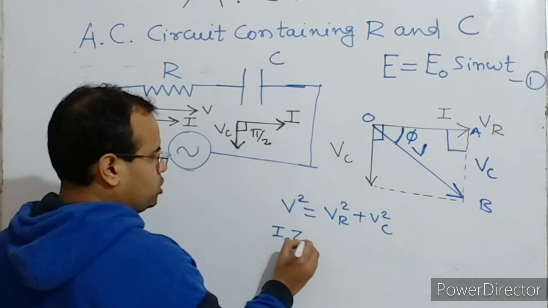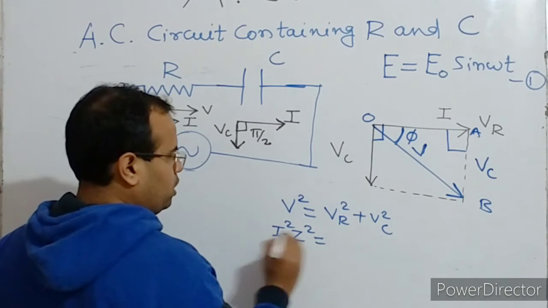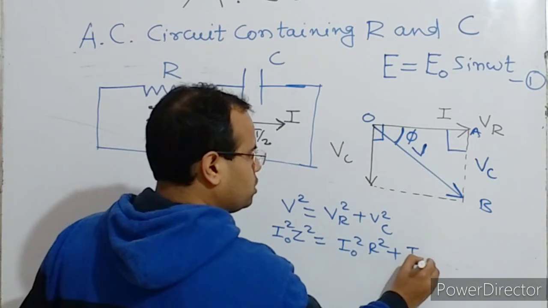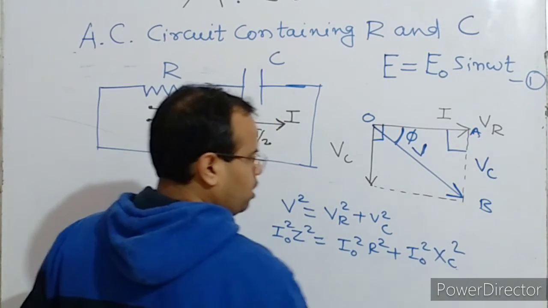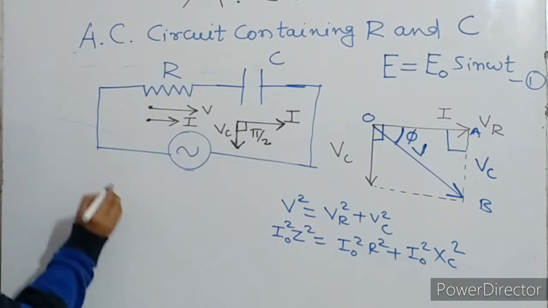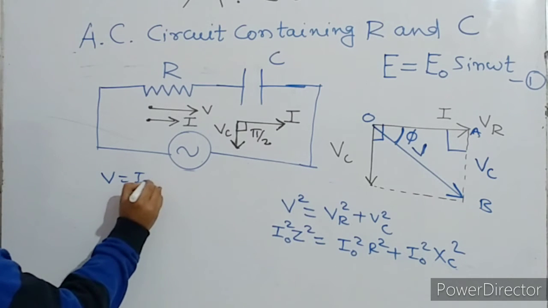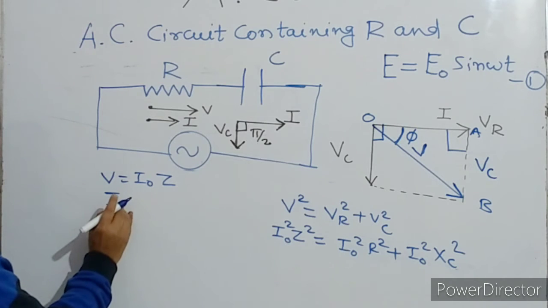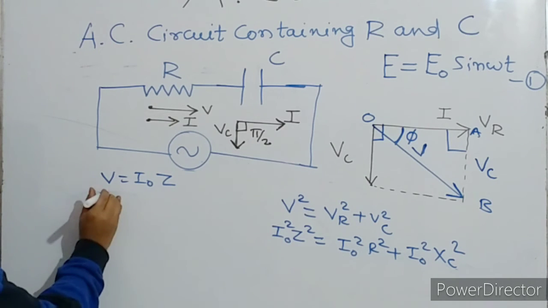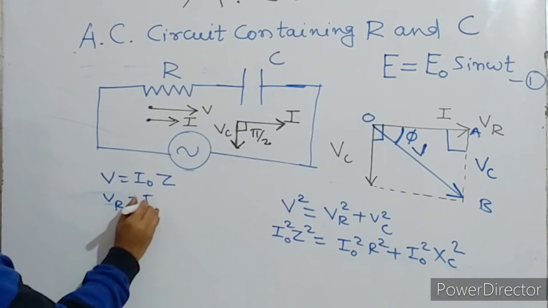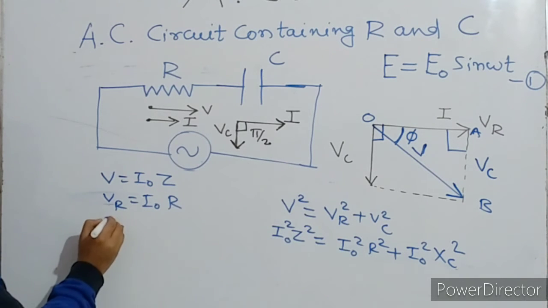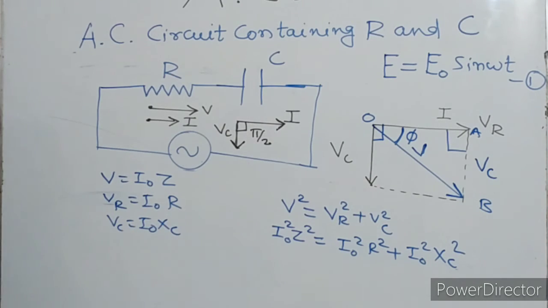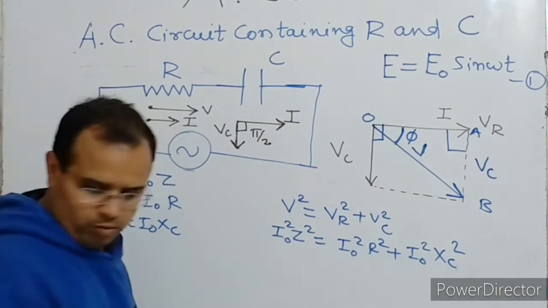So I naught squared Z squared equals I naught squared R squared plus I naught squared XC squared, because V is the resultant. VR is I naught times R, and VC is I naught times XC. I naught squared is common and cancels from everywhere.